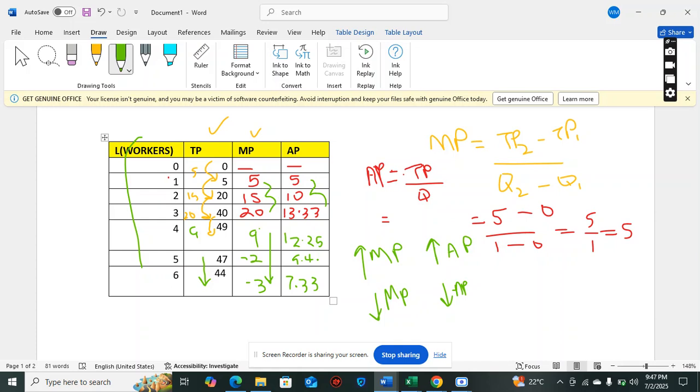When there was a drop from -2 to -3, average product also dropped to 7.33. So think of it like marginal product is like a magnet to average product. When it's increasing, average product increases also. When it reduces, then average product will also reduce.